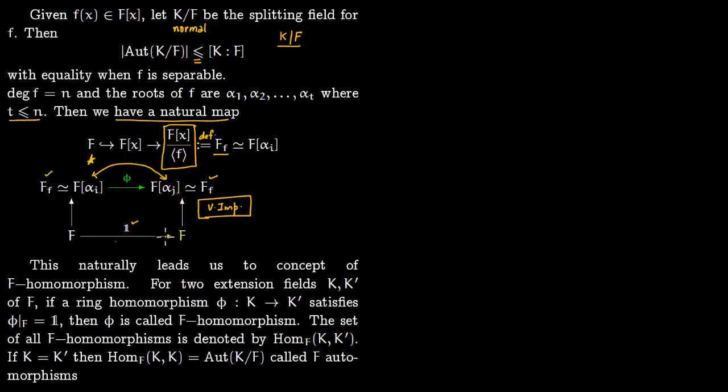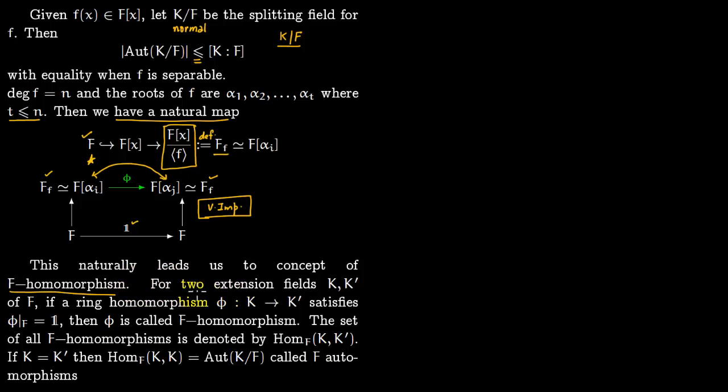Now this diagram naturally leads us to the concept of an F-homomorphism. You have this homomorphism from F adjoin alpha_i to F adjoin alpha_j, and if you restrict phi to F, you just get an identity map. These two are the same F's. You could have put alpha_j here.